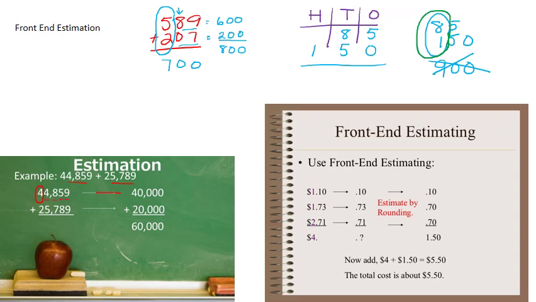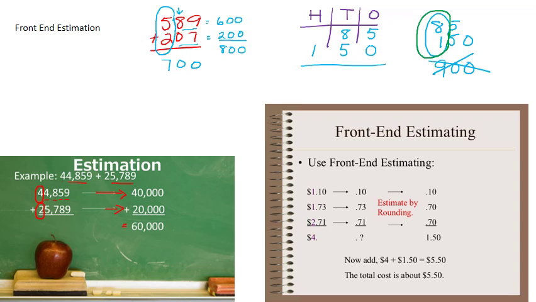So they've turned it into 40,000. Then they've done the same thing here, just simple front-end rounding, and they've turned that into 20,000, giving us a total of 60,000. So we can use front-end rounding if we're just eyeballing it. If we need something just in the ballpark, nothing too exact, we could just do front-end rounding and that would be good enough.